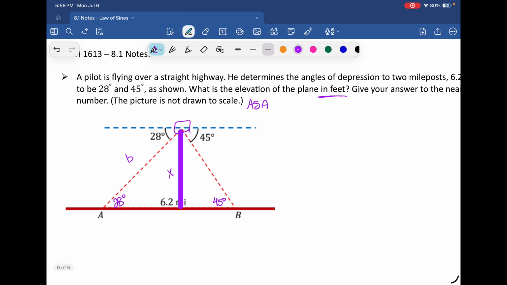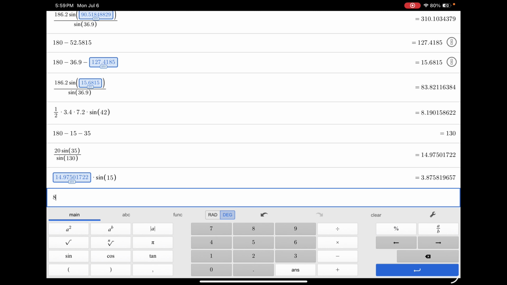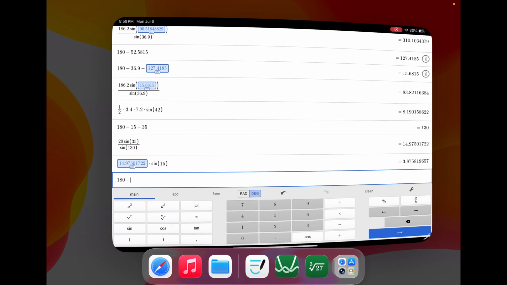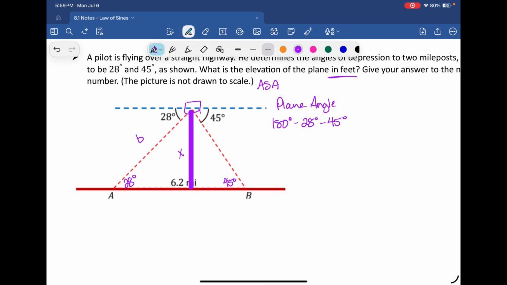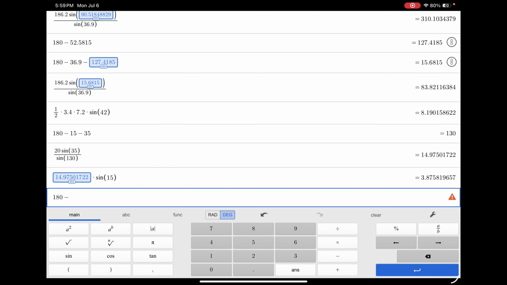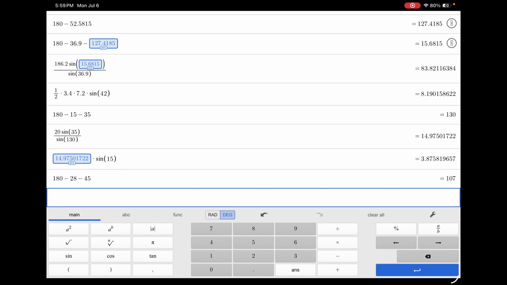I need the plane angle. Well, 180 minus 28 minus 45 degrees is 107.